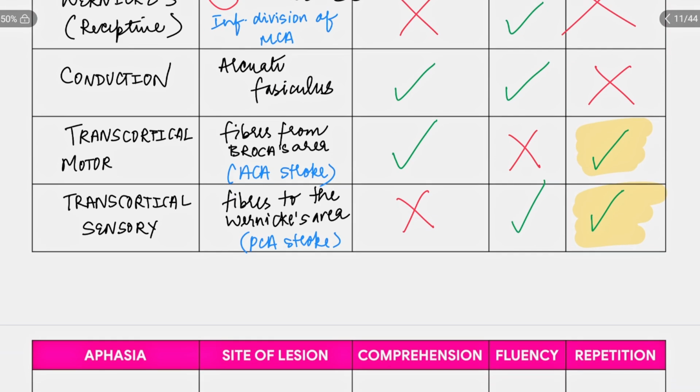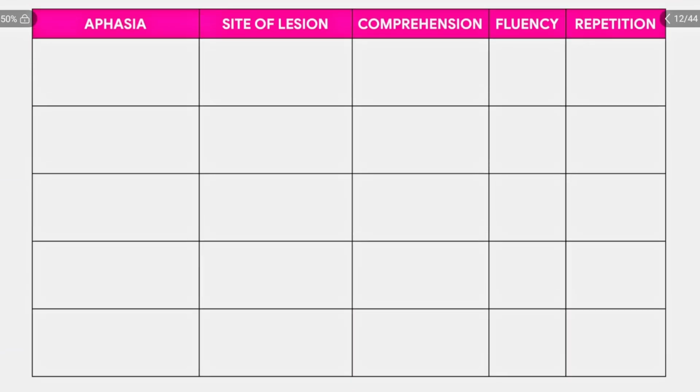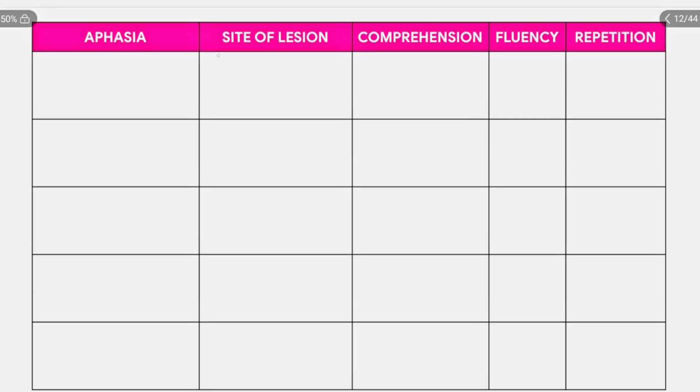Now, moving on. There are more. What if there is a lesion to both the fibers to the Wernicke's area and the fibers from the Broca's area? In that case, there'll be isolation of language centers.